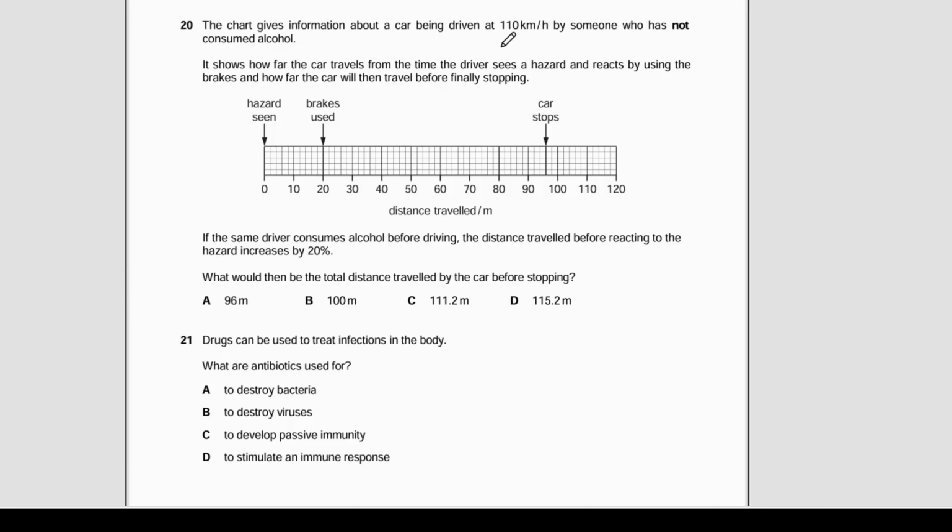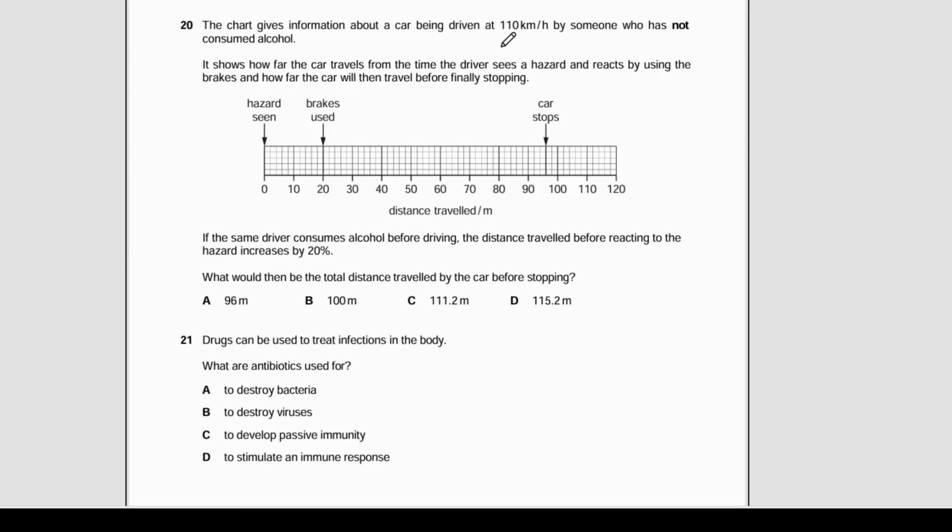Wait. 110 minus... No. Wait, 20% increase to 20%. 10% is 11.